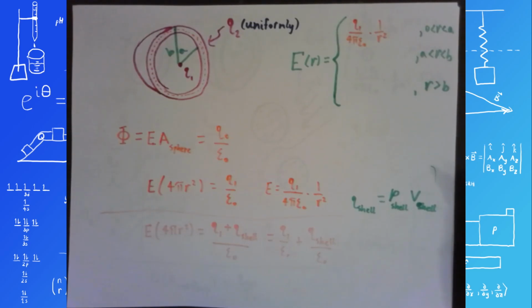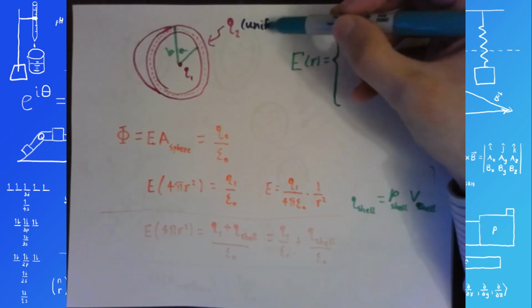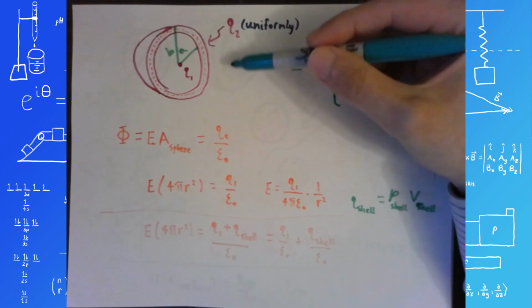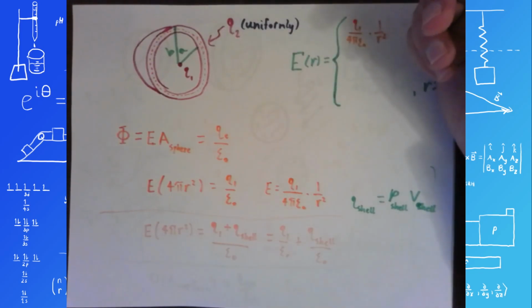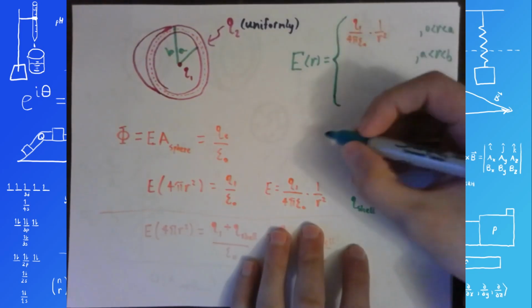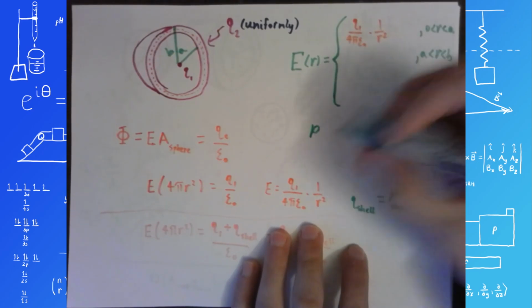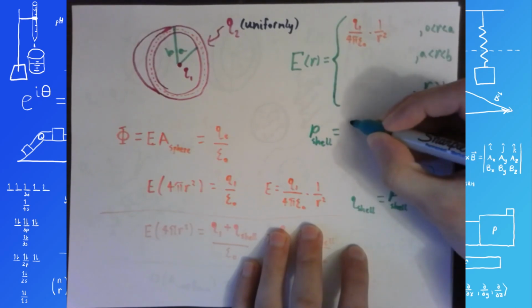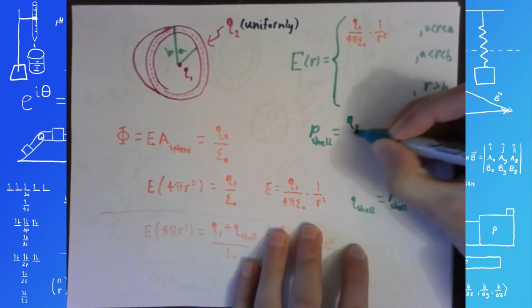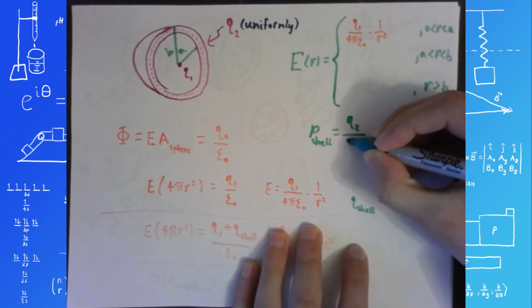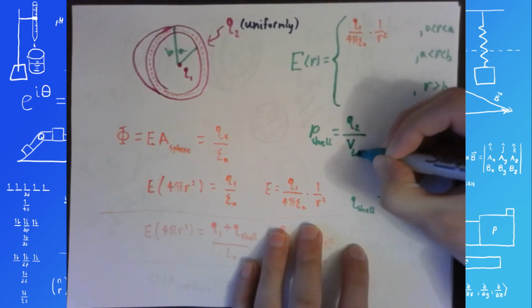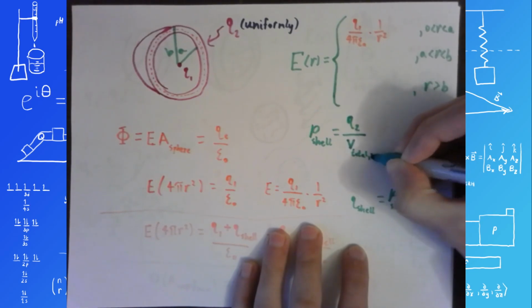Okay, first off, let's figure out the total charge density, assuming that the charge Q2 is distributed uniformly throughout the spherical shell. All we would have to do is say that the charge density of the shell is equal to the total charge, Q2, divided by the total volume of the shell.